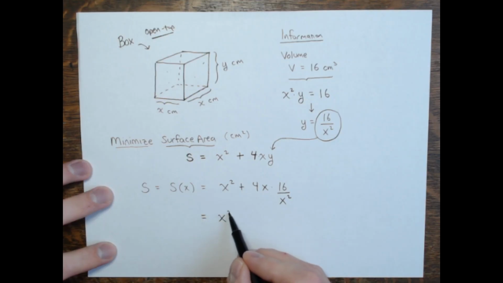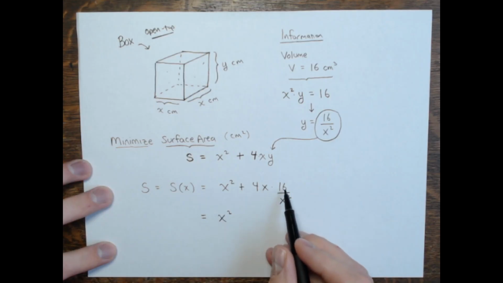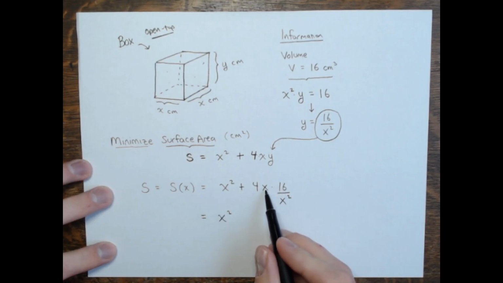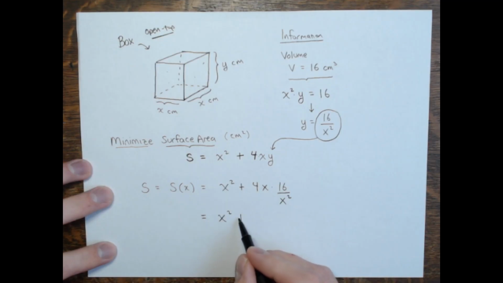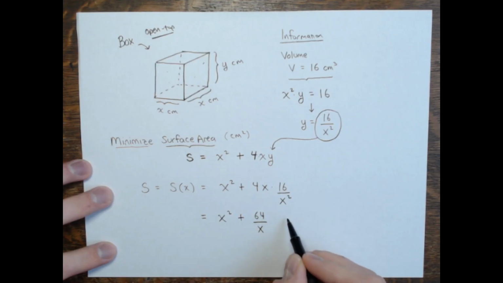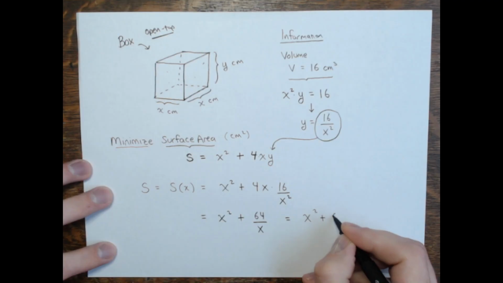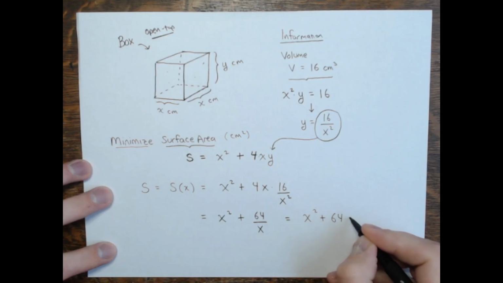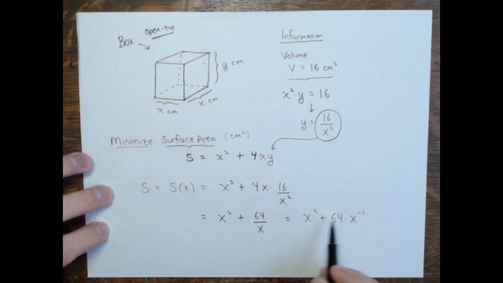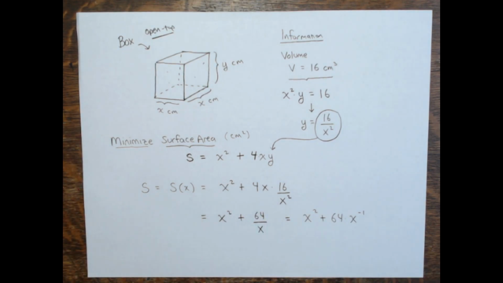This is x squared, and then 4 times 16 is 64, and one of these x's cancels. So plus 64 over x, or if you like to rewrite with negative powers, this is x squared plus 64 times x to the negative 1. All right, so all these are the same.